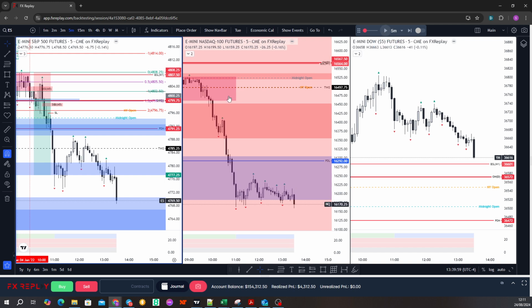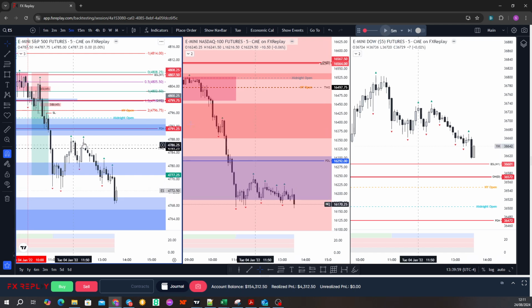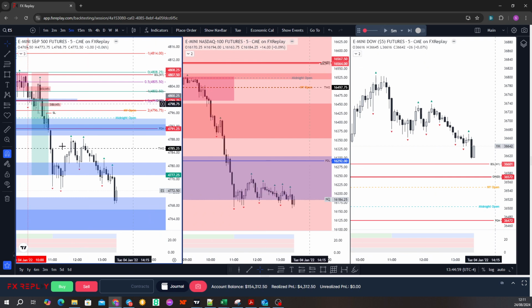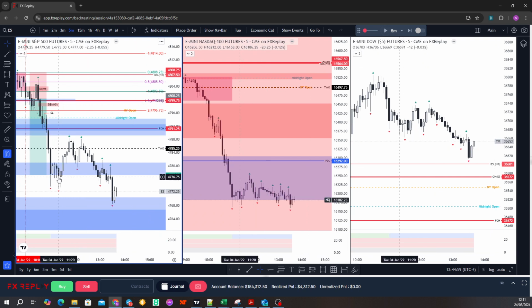There you go. So at that point, the stop loss would have still been here. Would have partialed off some of the position because we had got to a certain point, left the runner.